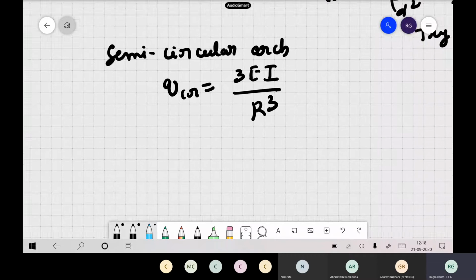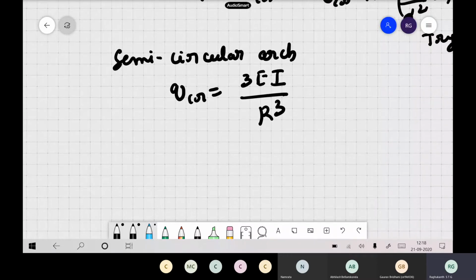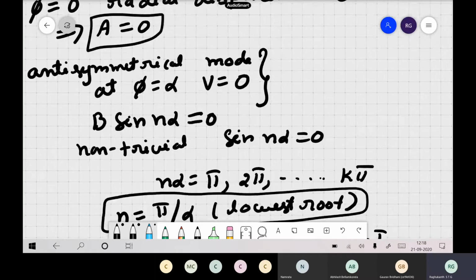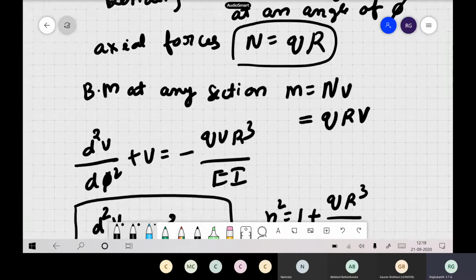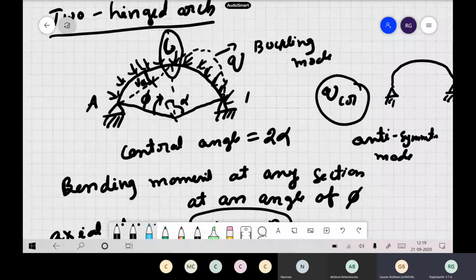Okay, so this is a very famous formula you follow for buckling of arches. Of course, we have derived this for an arch, but where is it really used? Where do you see this type of uniformly distributed radial load? Arch bridge.